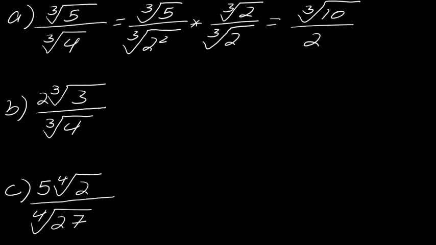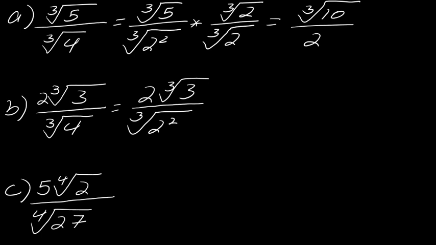Okay, so moving on to B here. So this is 2 times the cube root of 3, and I want to rewrite the denominator not as 4 but as 2 squared. So what do I need in this case to multiply the denominator by? Well, I have 2 powers of 2, so I need 1 more power of 2. So here's what I'm going to multiply by.